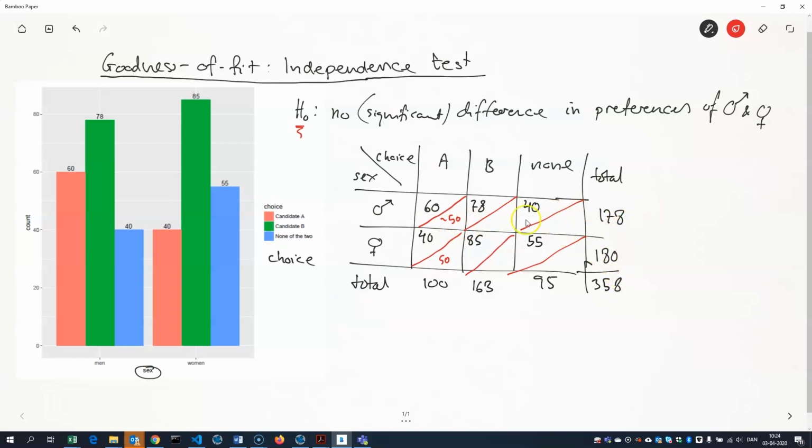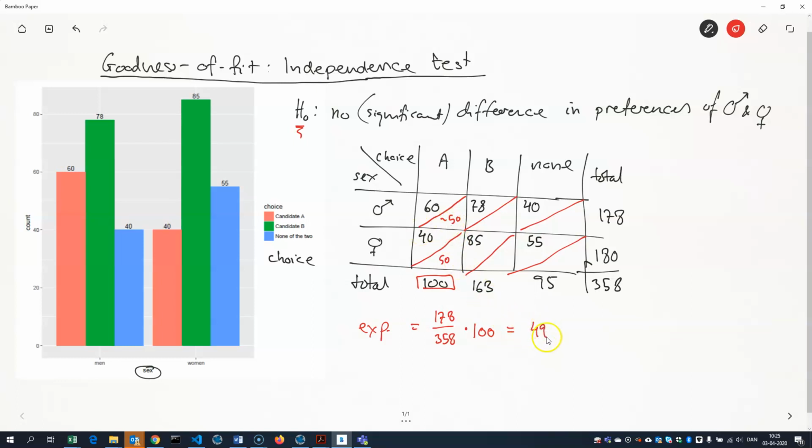So if we have to do the calculation right, we would say that the expected number is the percentage of the total observations which are men, almost 50% but not quite, multiplied by the number of voters for candidate A. That would give us the exact expected number here.